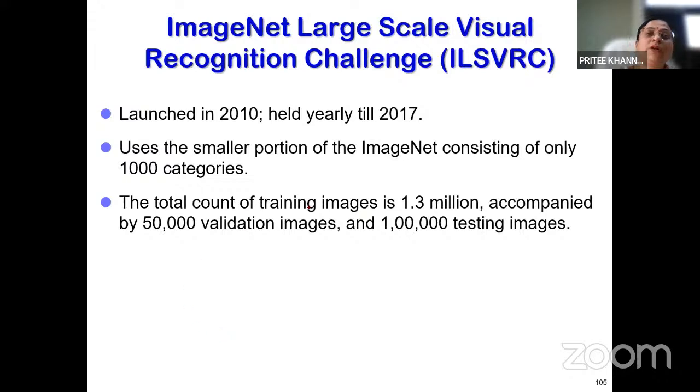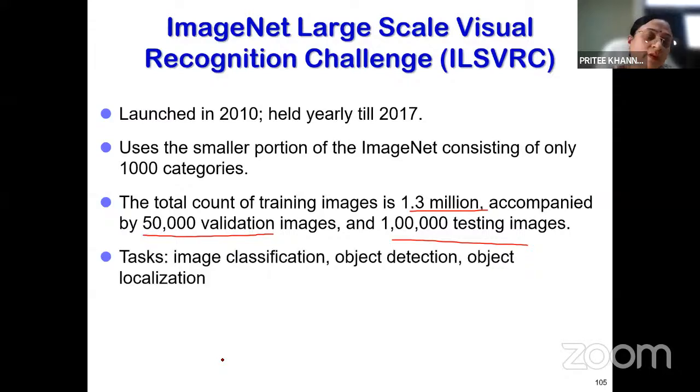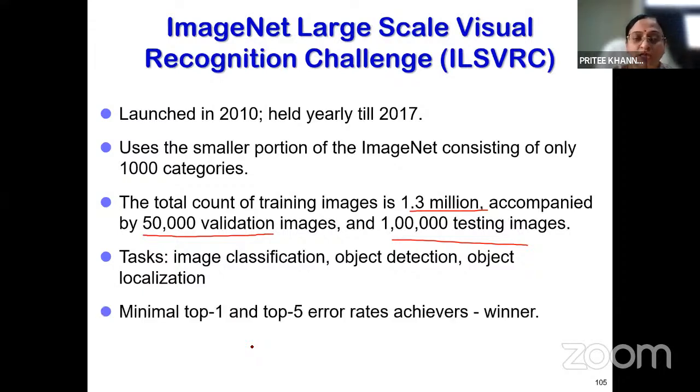The challenge was held in 2010, and since then it is held yearly. Every time they use a small portion of the data set, let us say 1,000 categories for testing, and for training 1.3 million images, plus validation images and testing sets. Various tasks were given: image classification, object detection, object localization.